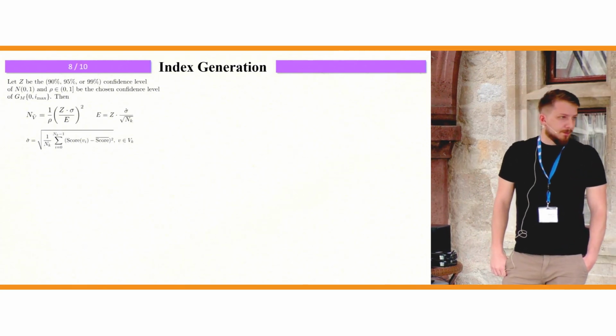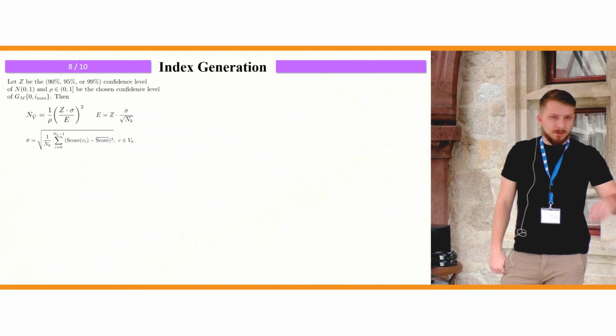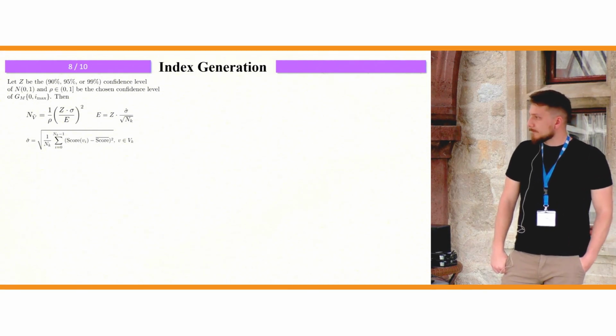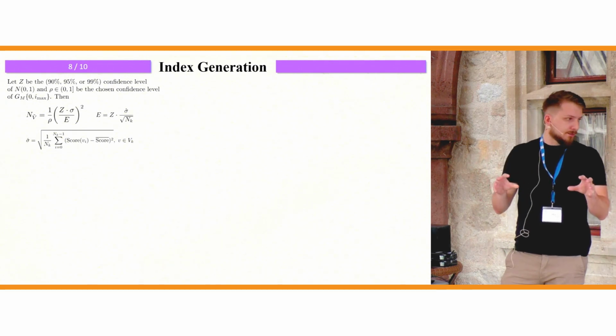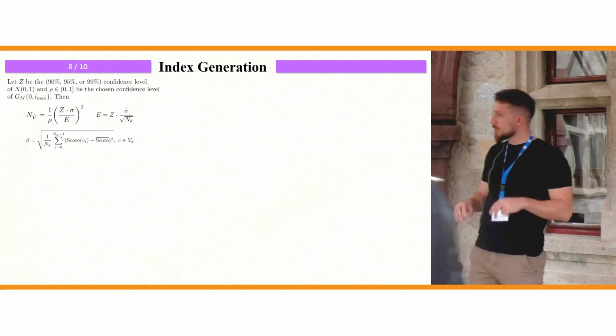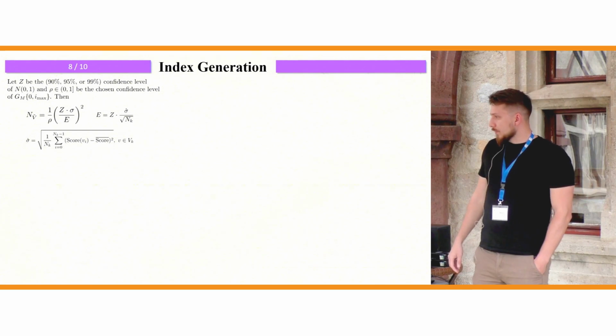Since we're using uniform distributions for this, we use the central limit theorem to estimate how much of the data we want to actually process in the current iteration. So we compute the scores from the previous iteration.